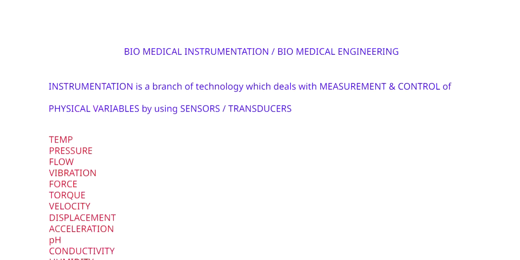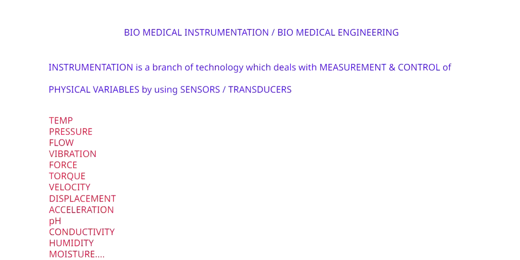Okay, so instrumentation is a branch of technology which deals with measurement and control of these physical variables. We have to measure and control temperature, pressure, flow, vibration, force, torque, velocity, displacement, acceleration, pH, conductivity, humidity, moisture, etc. These are all called physical parameters or physical variables.